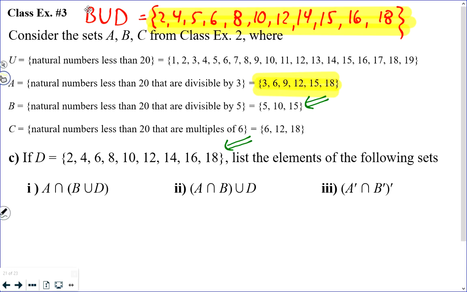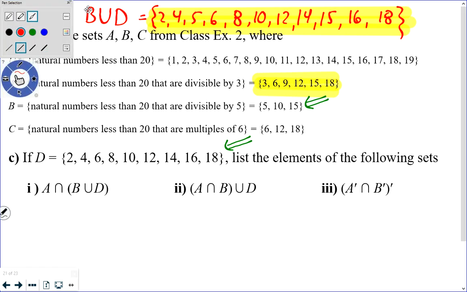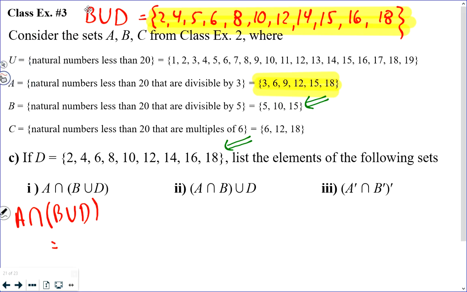So what's in common? What's the intersection? Not 3, not 4, not 5. We have a 6. So the intersection of A with the union of B and D will be a set that includes the number 6.